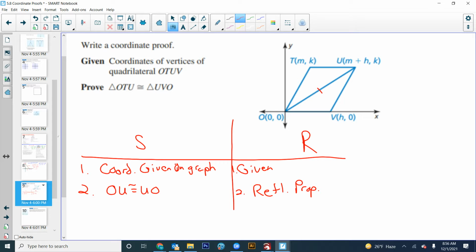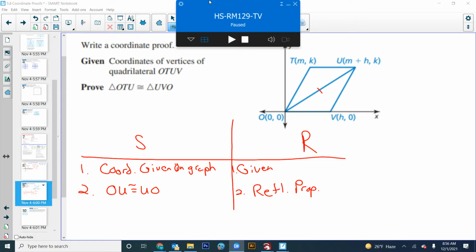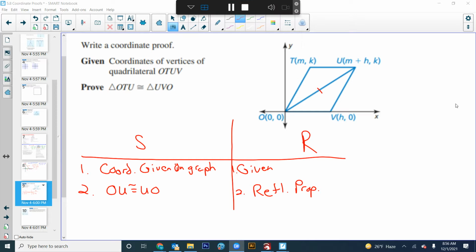It's a coordinate proof. So we're going to probably have to use the coordinates for something. What do you guys think next? Okay, to use alternate interior, we have to have a pair of parallel segments. Sure. I'm not saying you're wrong.